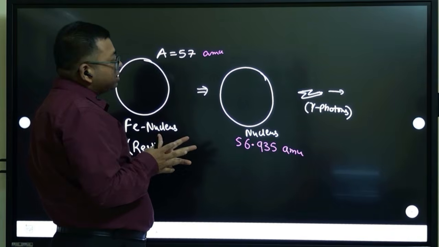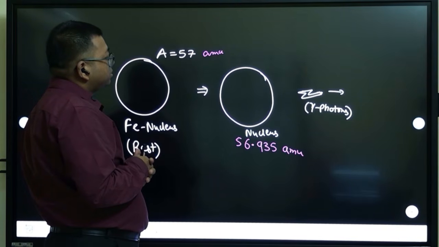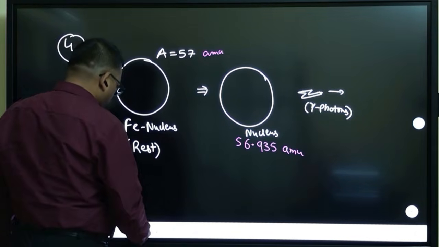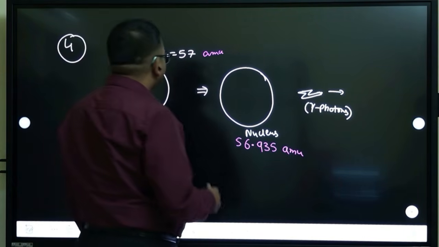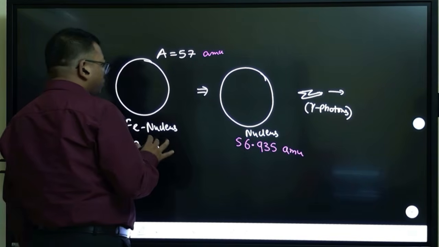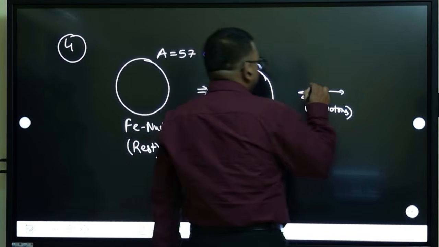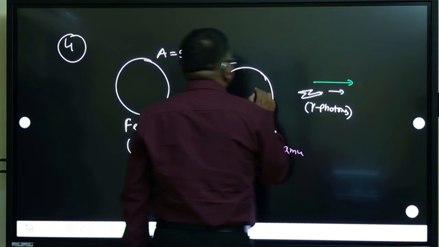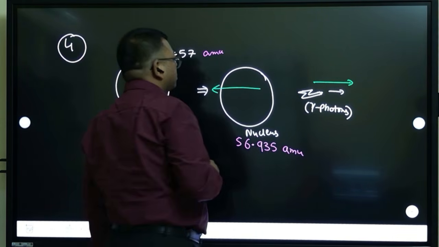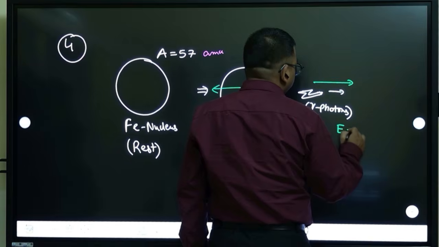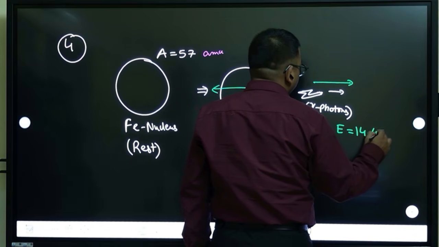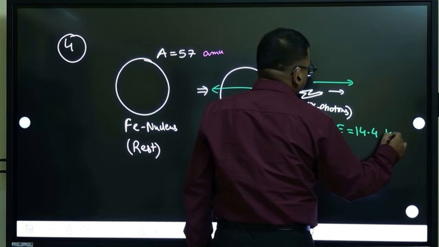So what are they asking to calculate? Recoil energy means kinetic energy. So if it is initially at rest, total momentum is zero, and this is going this way, and this is going this way. This energy is 14.4 kilo electron volt.